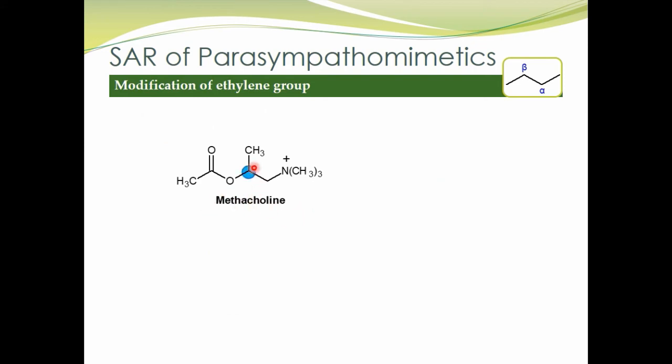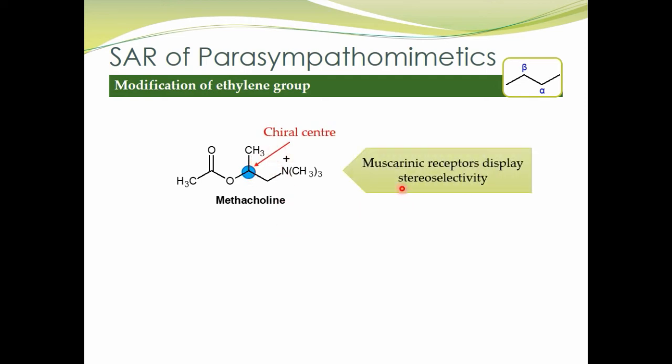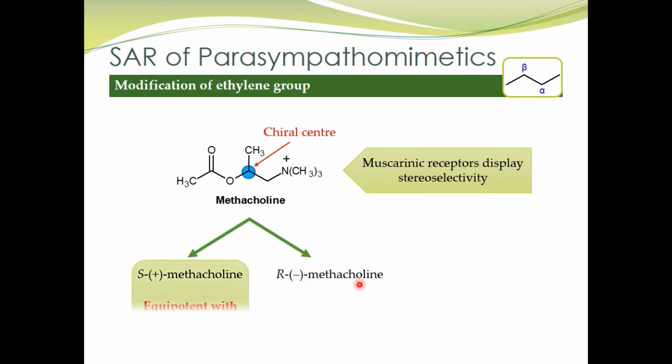Now in methacholine, by introducing the methyl group, this beta carbon becomes chiral. So there is stereochemistry, and muscarinic receptors display stereoselectivity. That means one isomer of methacholine is the S plus isomer, and the other isomer is R minus methacholine.